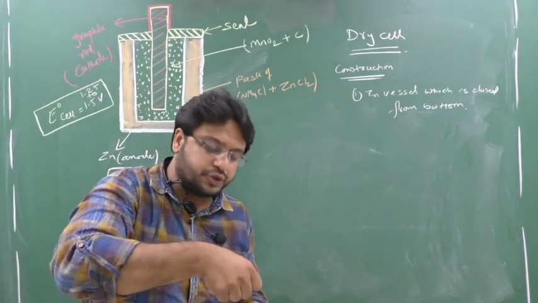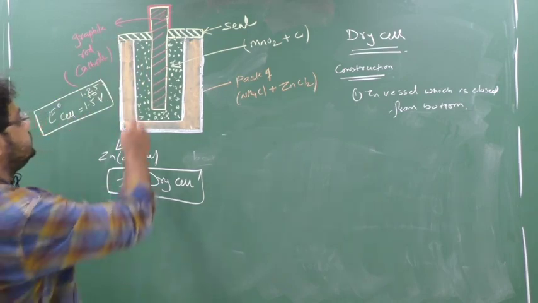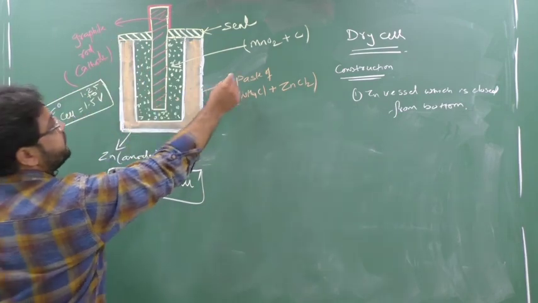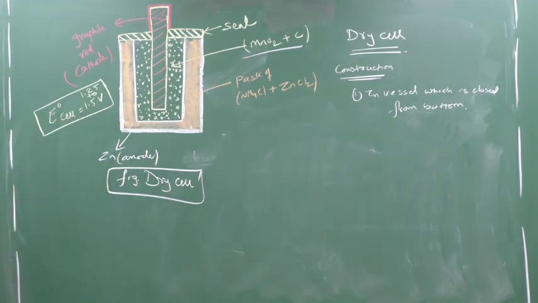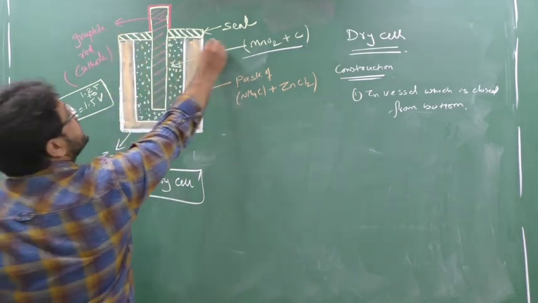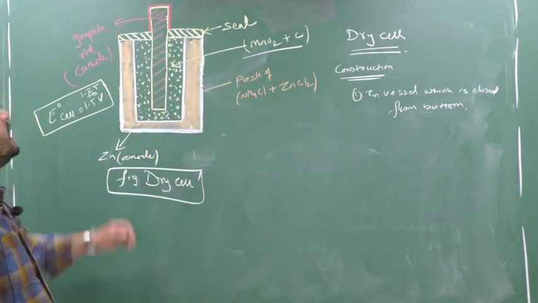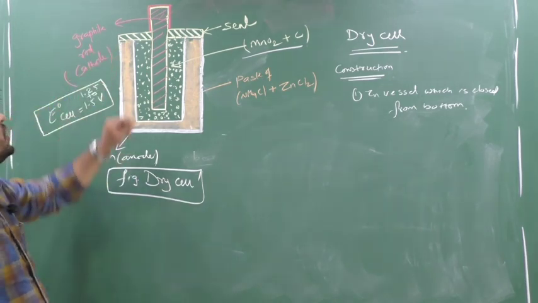Around that graphite rod you have to fill the powder of MnO2 and carbon, and from the top you can give a seal of wax. You have to put the graphite rod in such a way that it should not touch the bottom.